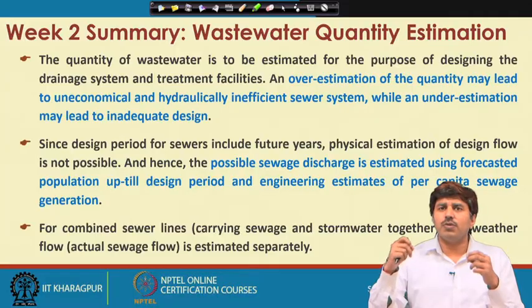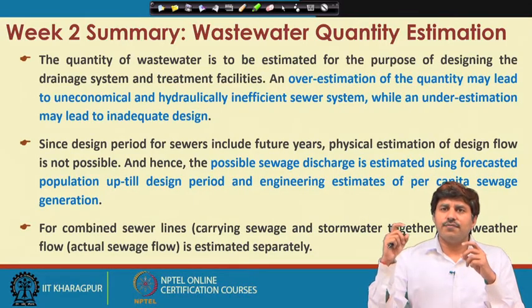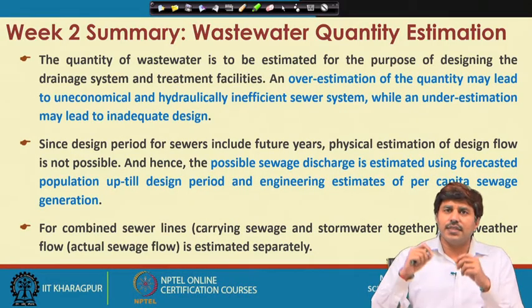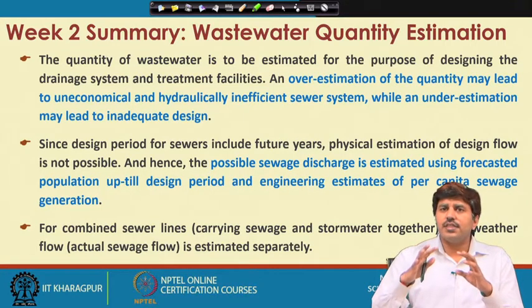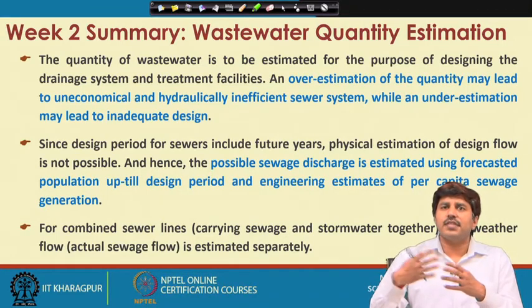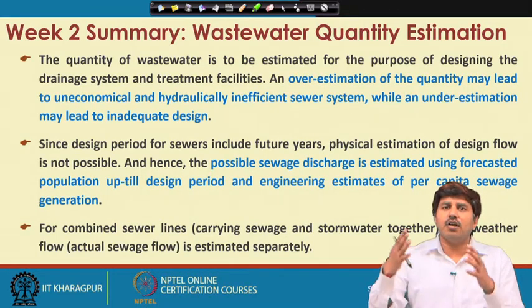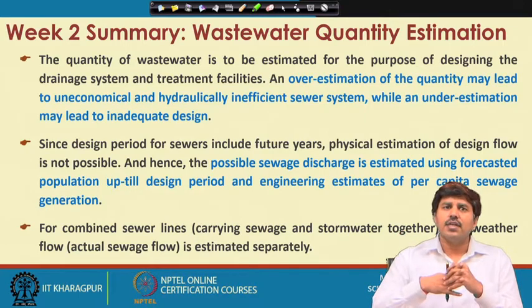Based on those population forecasting methods, we can first predict the population and then have a robust engineering estimate of the per capita sewage generation, and if we multiply that population with per capita sewage generation, we get an idea of the amount of sewage generated.